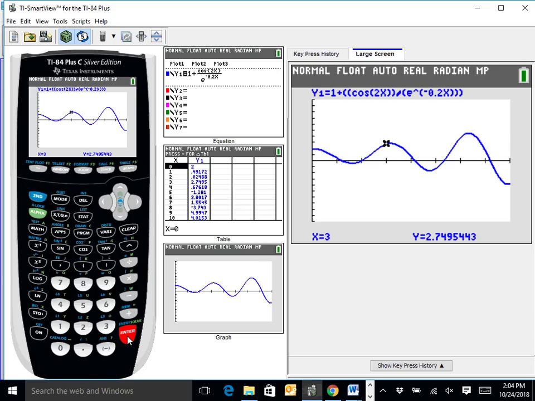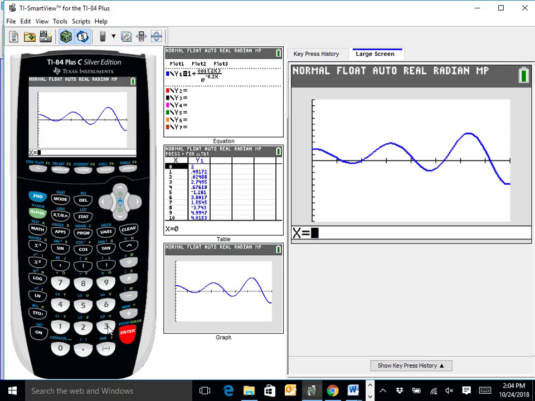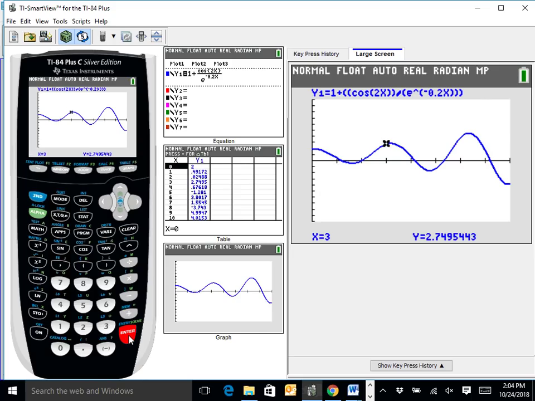The other way you can do it, which again, I don't know why you would do it this way, but just to show you it works, if you hit second calculate, this number 1 value is the same as trace. You hit enter, and then it'll want to know the x value, and you'll type in 3, you hit enter, and you get the same thing. But that's like 10 clicks, and just hitting trace 3, enter, is 3 clicks.